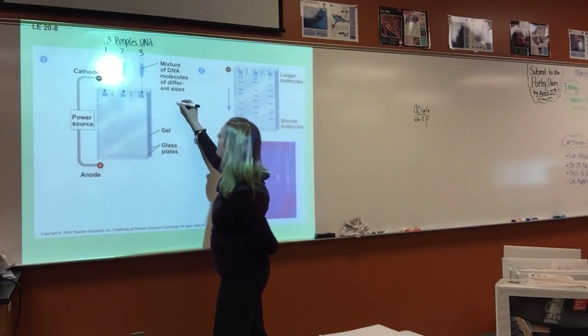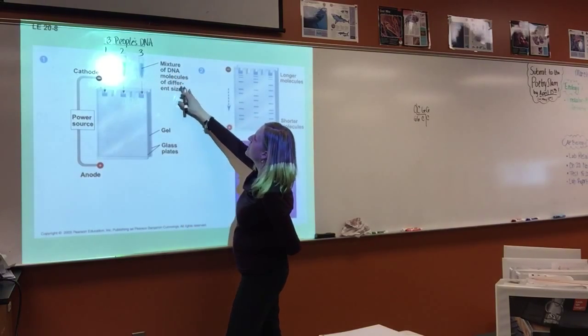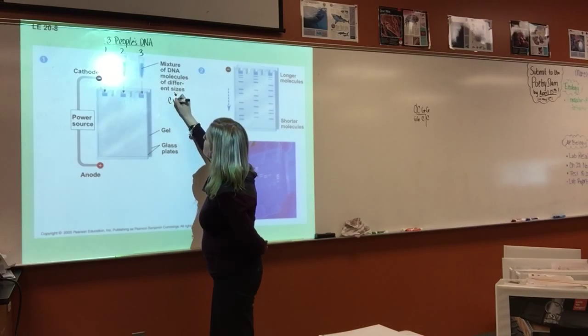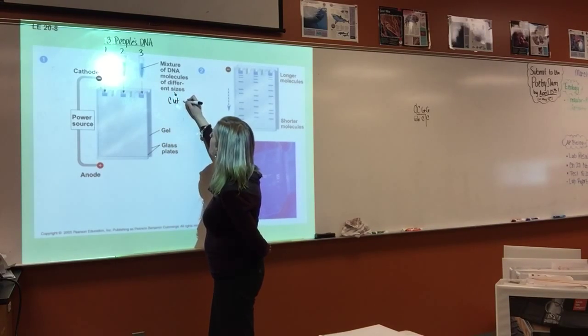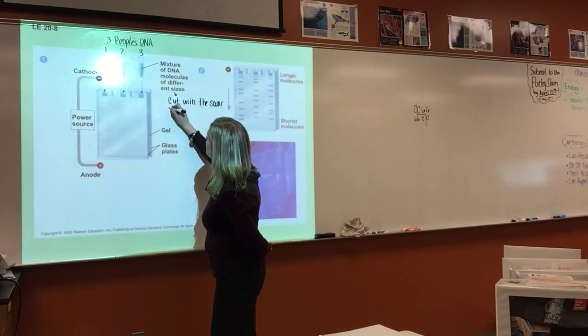So these 3 people's DNA, when it says here, it's a mixture of DNA molecules of different sizes. Why they're different sizes is because we take each one of those 3 people's DNA and cut them with the same restriction enzyme.